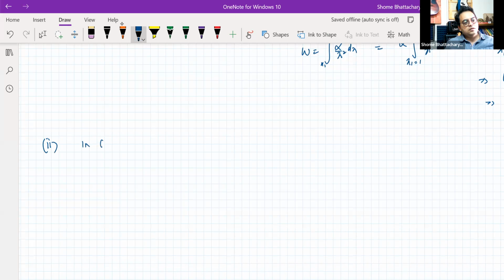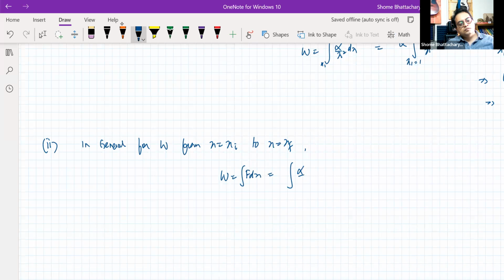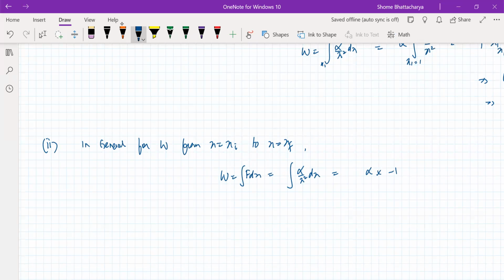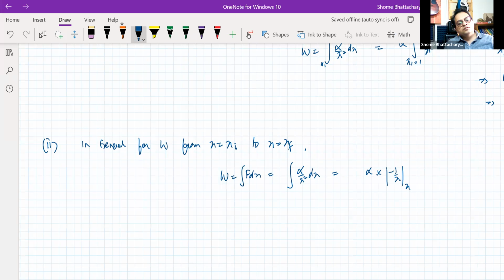So in general, for work done from x equal to some initial position to x equal to some final position, it's just a repeat of those steps. So it is alpha into minus 1 by x from x1 to x2. So that is the formula for work done from x initial to x final.